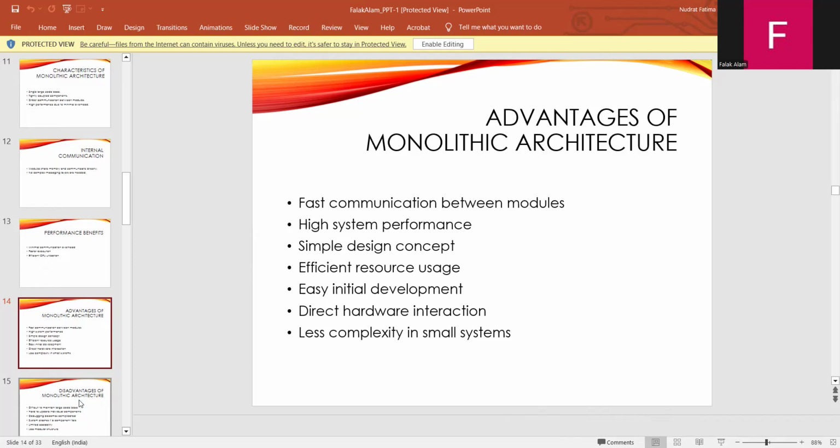Another important advantage is efficient resource utilization. In monolithic architecture, the architecture allows the operating system to manage hardware resources efficiently. Additionally, the initial design is relatively simple because all components are integrated into a single system.